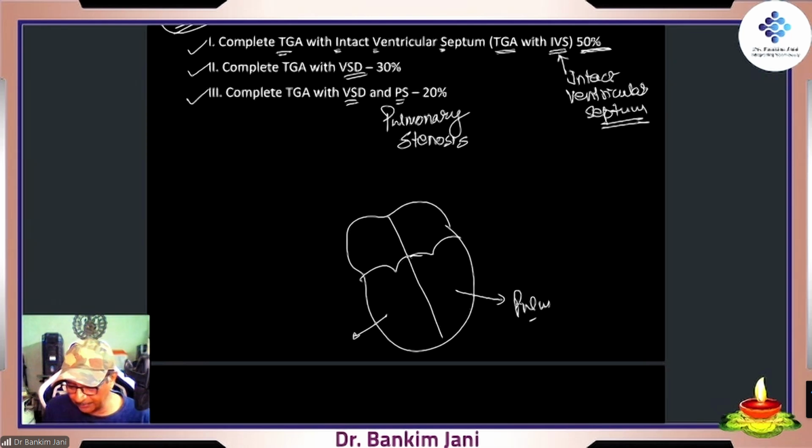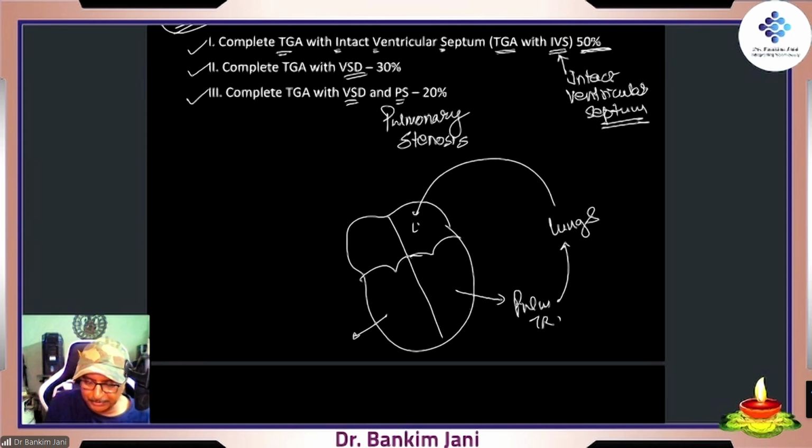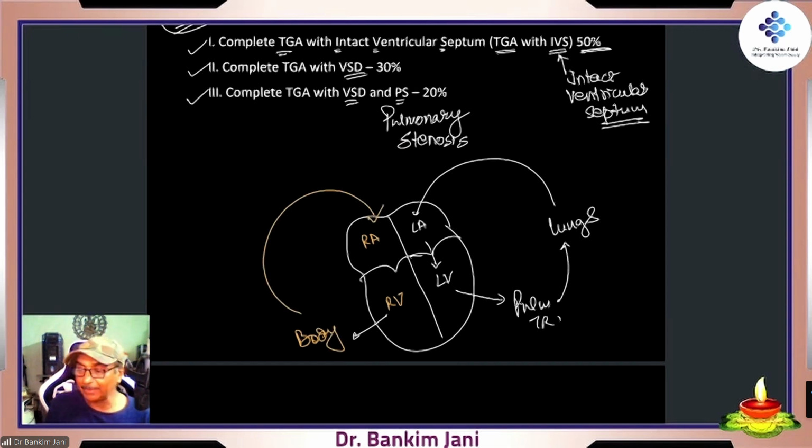Pulmonary trunk, and it is going to lungs, and this blood is going back to this left atrium. This is left ventricle. Koi scope nahi, right? And then over here, this is right atrium, to right ventricle, to entire body, and then this blood is coming back. But remember, we have got two great things before birth.